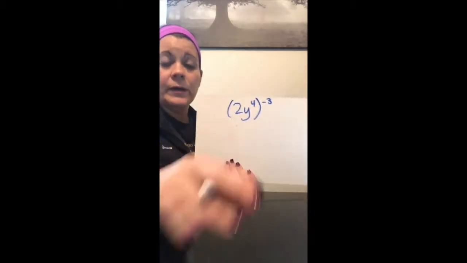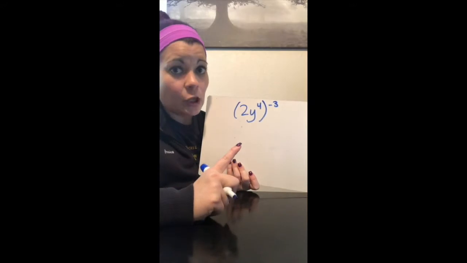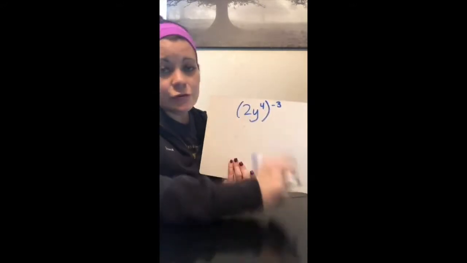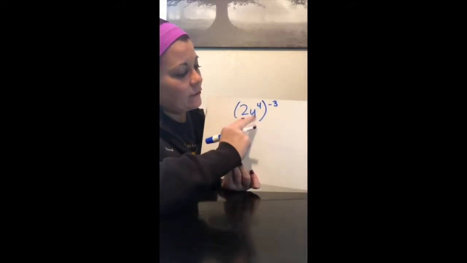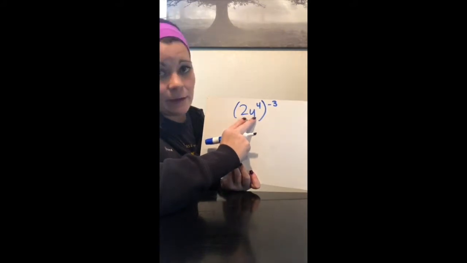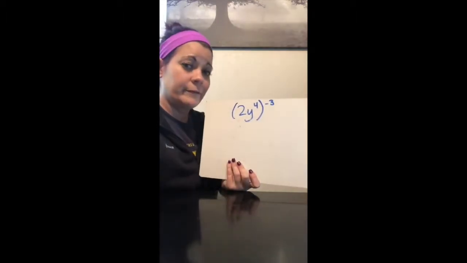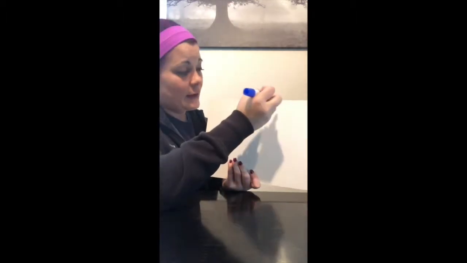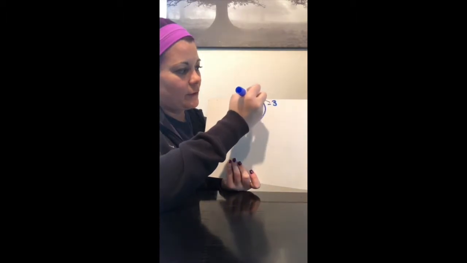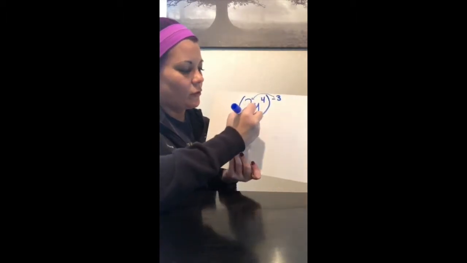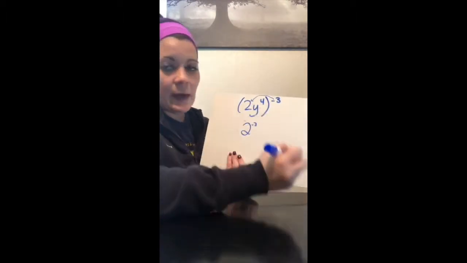Okay, with this one, we're going to simplify the exponent property law first when we have a power raised to another power. But in this case, we have more than one term in the parentheses. So you kind of have to use distributive. You have to distribute this negative 3 to everything in the parentheses. So you have to distribute it to the 2, so it'd be 2 to the negative third power.